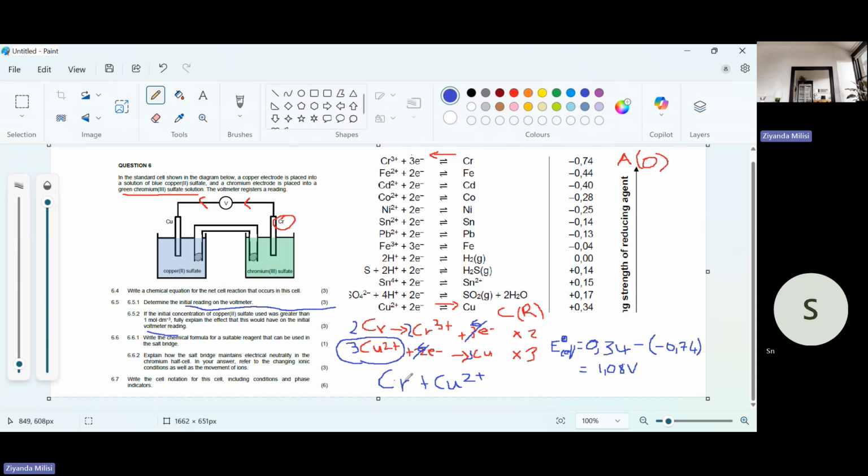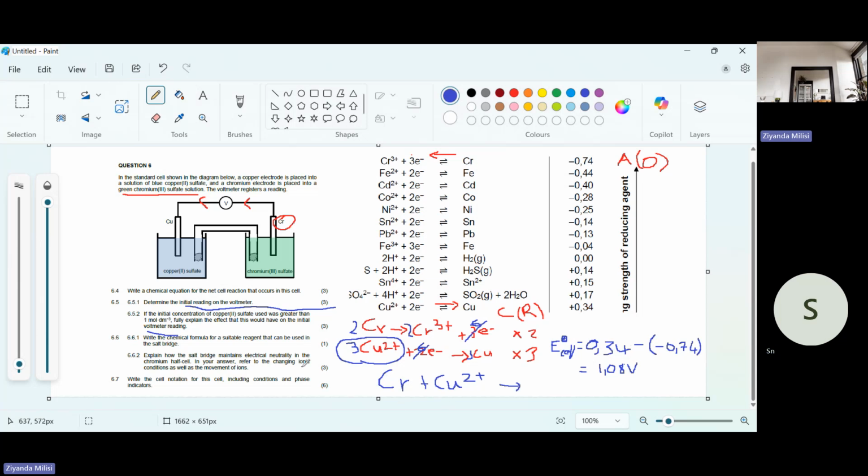Who is an oxidizing agent, who is a reducing agent, between these two only. Remember, I told you your agents are always among the reactants.